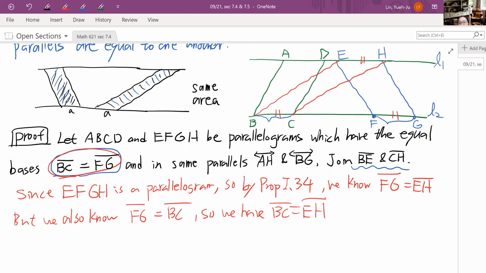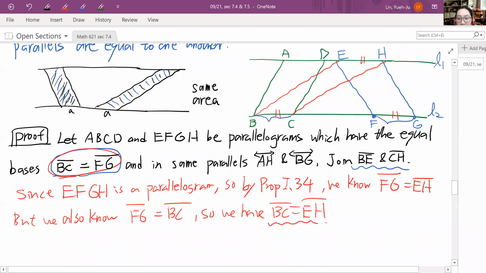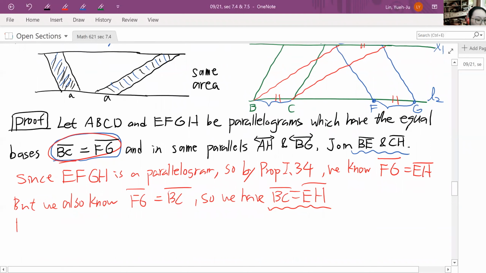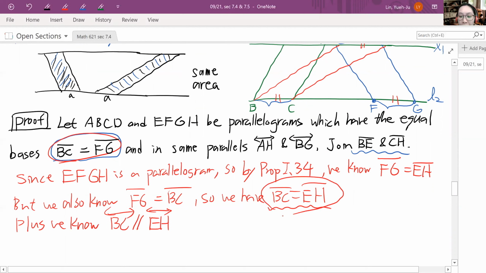Now we have BC equals EH, and at the same time we know BC is parallel to EH by assumption.